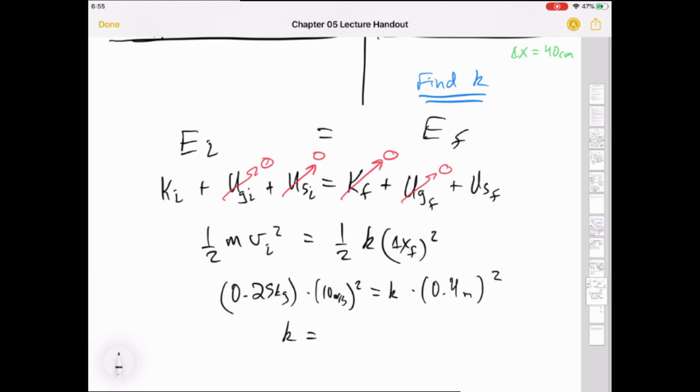And so you can do this math, and what I get is 160 newtons per meter.